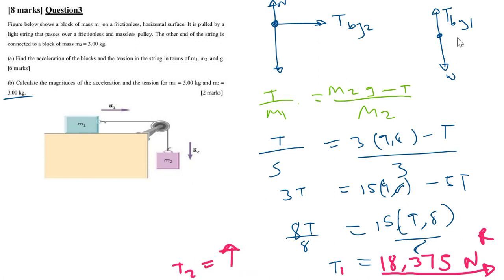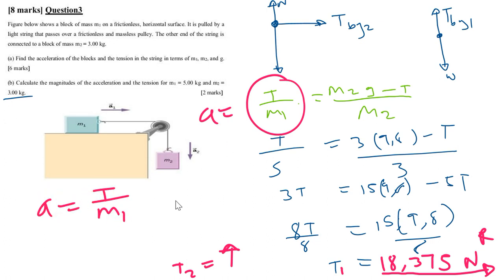So yeah, and also they wanted acceleration, right? Remember this equation for acceleration. You could just say acceleration is equal to T all over m1. So what is tension force? Tension is what you just got now, 18.375 all over mass 1.